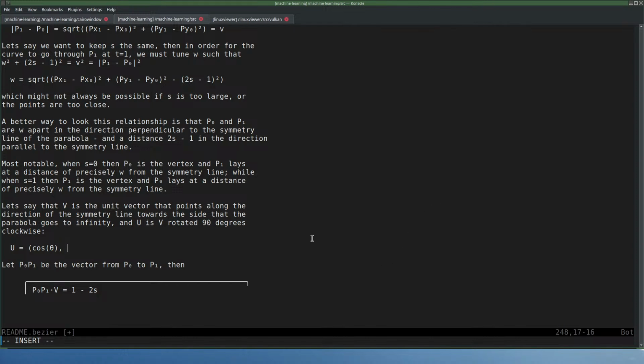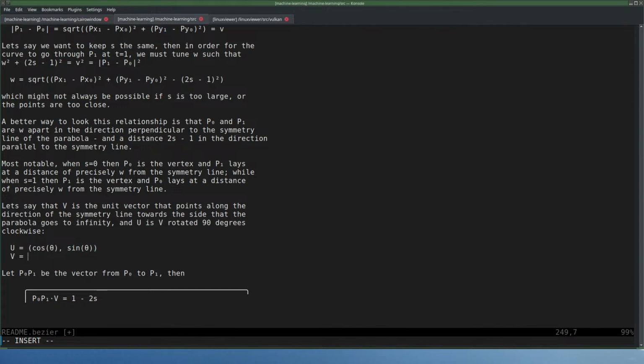And then this must be, well, yeah, sine theta. And V is then that rotated counterclockwise, so that would be minus this, comma, cosine.